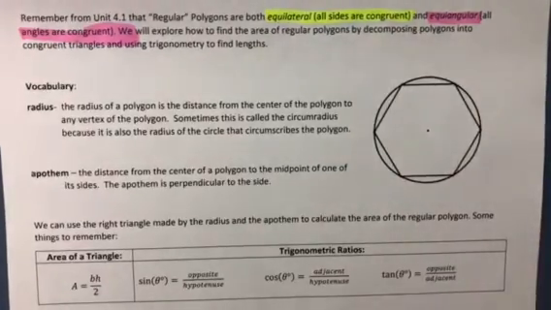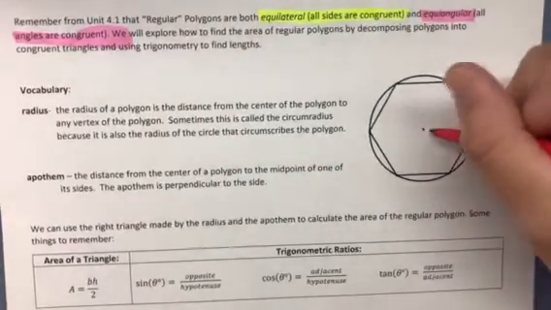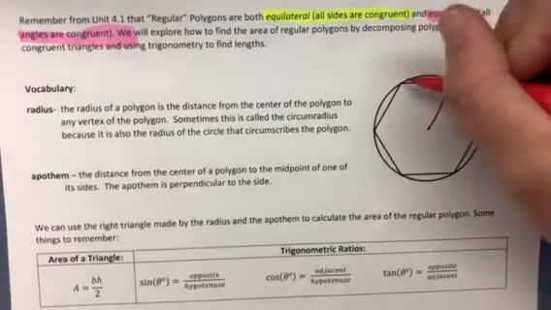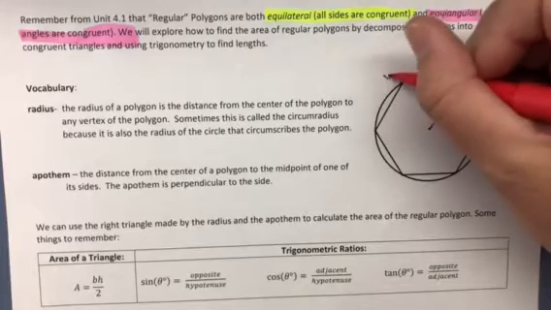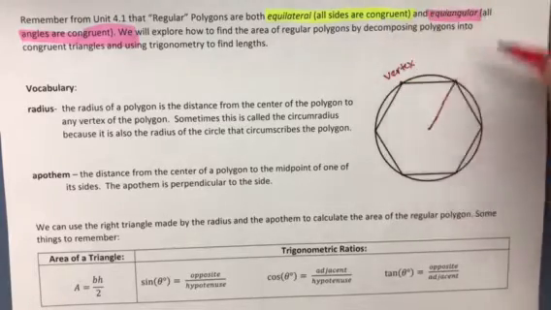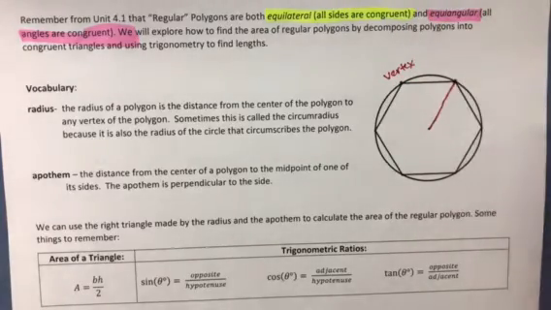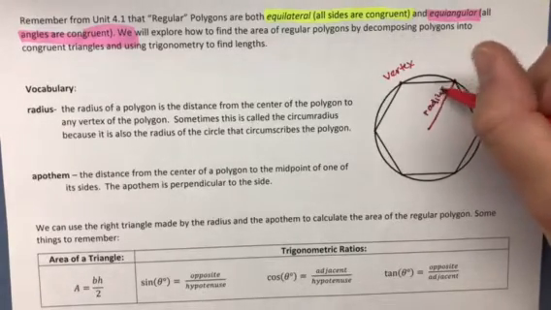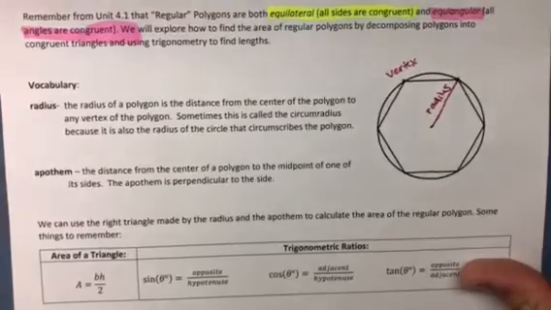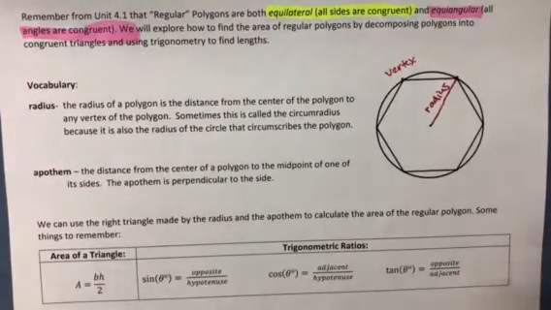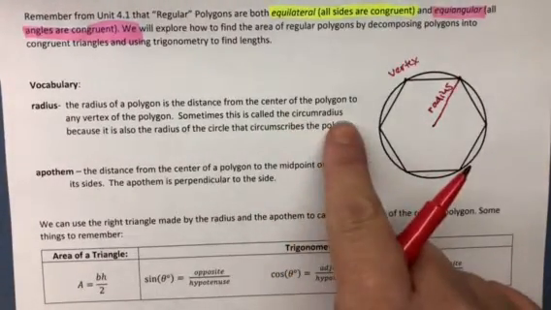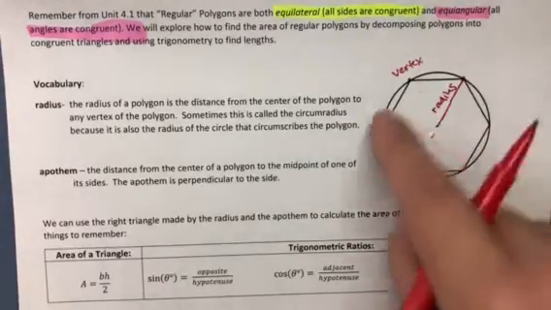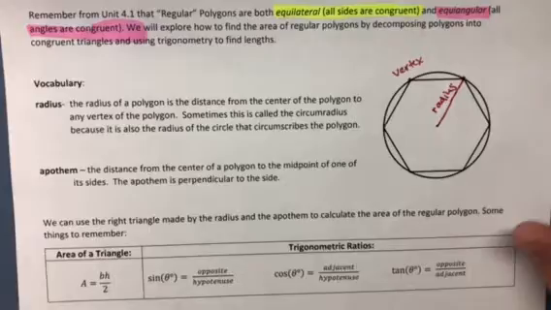So in this picture over here to the right, if I draw from this center point to any vertex of the polygon, and remember these points are the vertices, so that's a vertex as well, this is a radius. So I would like you to label that in your notes. Sometimes we call this the circumradius because it's the radius of the circle that circumscribes the polygon.